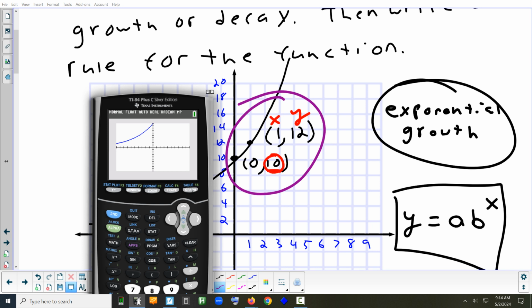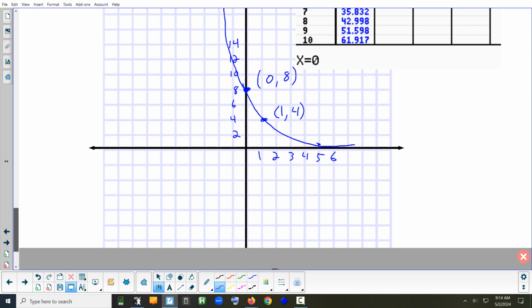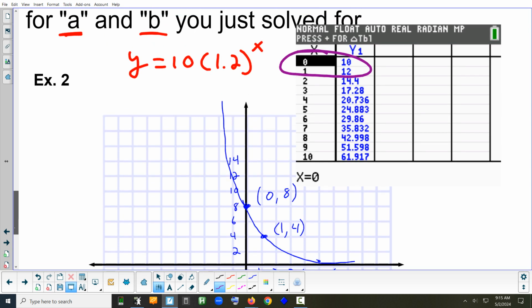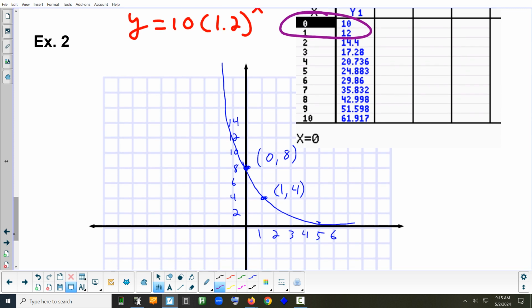Alright, so I think there's one more like that. Okay, I'm going to let you guys try it. Okay, so on the back. Example 2 is the same directions as example 1. First, tell me if this is exponential growth or decay.